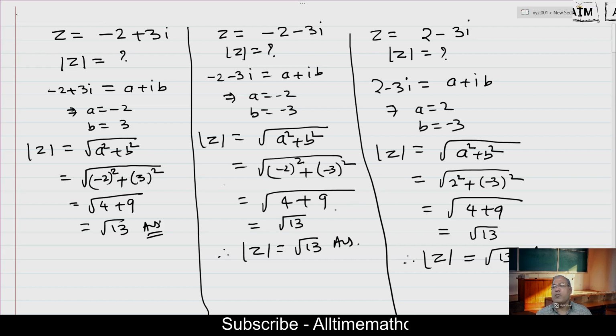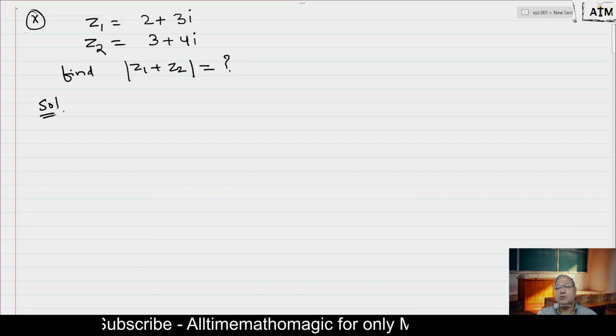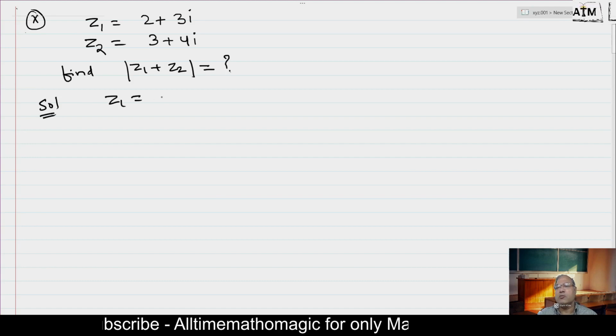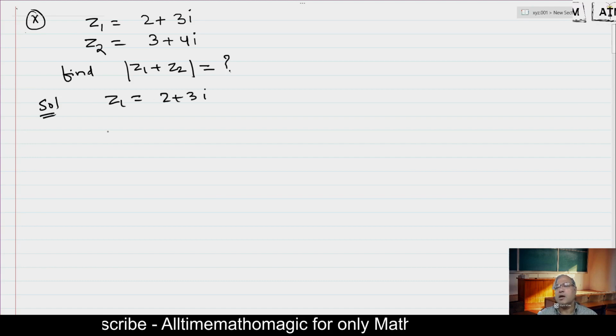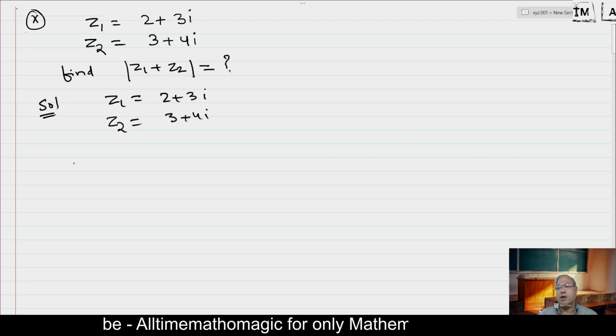Let us take a combination of complex numbers, that is, finding the modulus when two or more complex numbers are given together. Let us take one example. If z1 equals 2 plus 3i and z2 equals 3 plus 4i, find the modulus of z1 plus z2. Solution. Step 1: we have z1 equals 2 plus 3i and z2 equals 3 plus 4i.